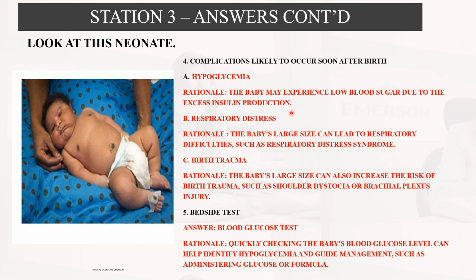So this is a very important complication to look out for in macrosomic babies born to diabetic mothers. Imagine a mother who is a G6 para 0 plus 5, non-diabetic, and those children were dying in the night.